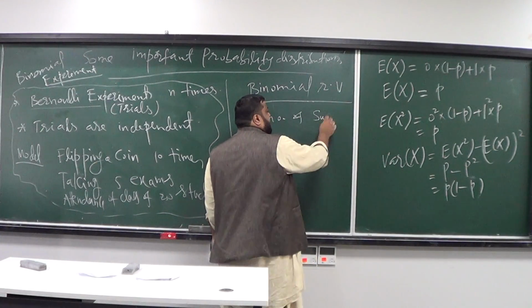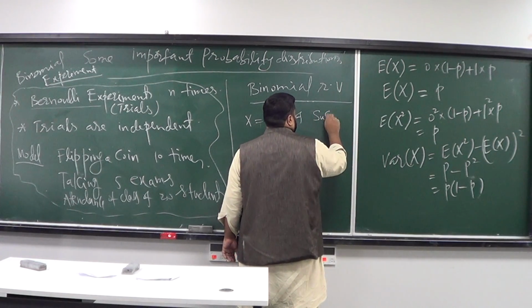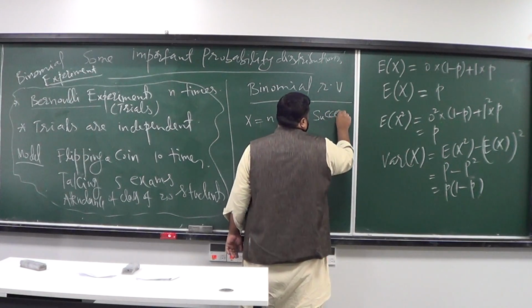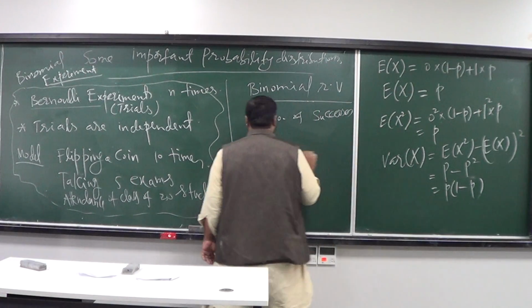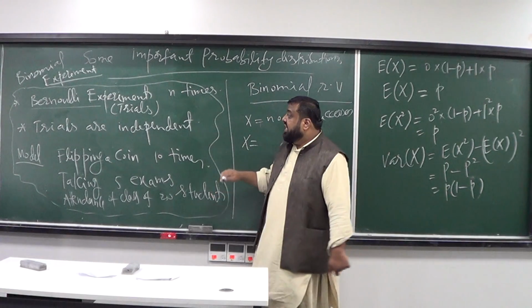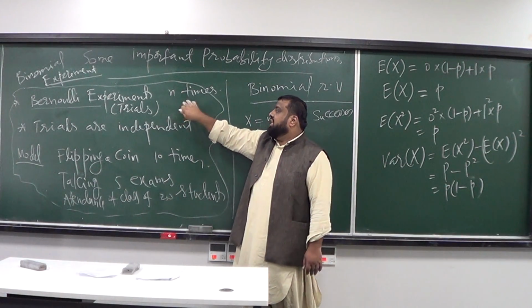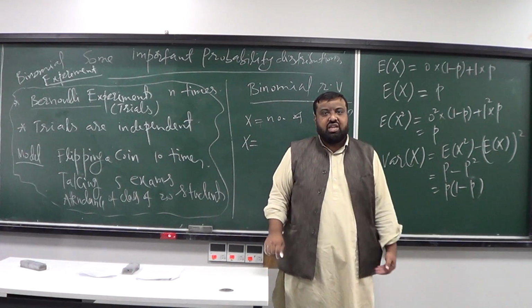You can also associate it with the number of failures. Then how many successes can you have in an experiment in which you do the Bernoulli trial n times?